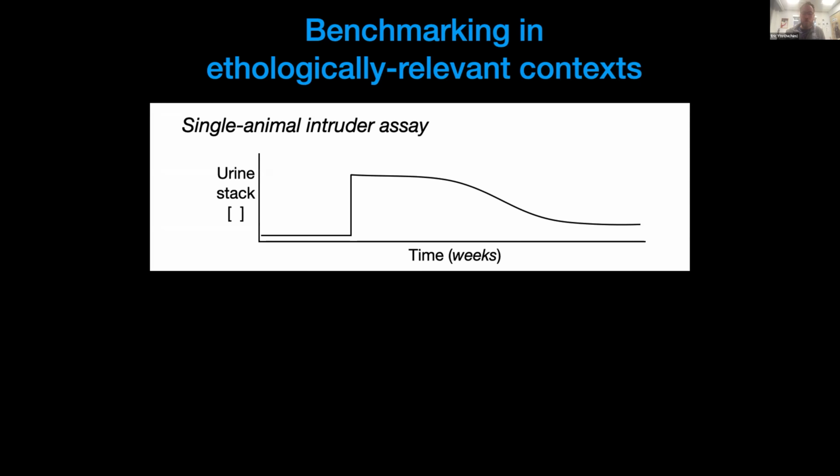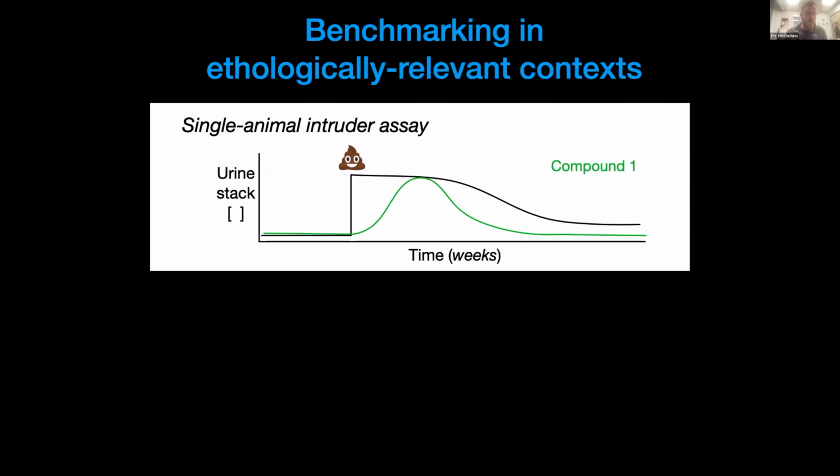And then the two benchmarking contexts. One is a single animal intruder assay in which we deposit a foreign mouse's urine stick, and then look at the changes across behaviors and neurophysiology continuously over time as they respond to this intruder urine stick.